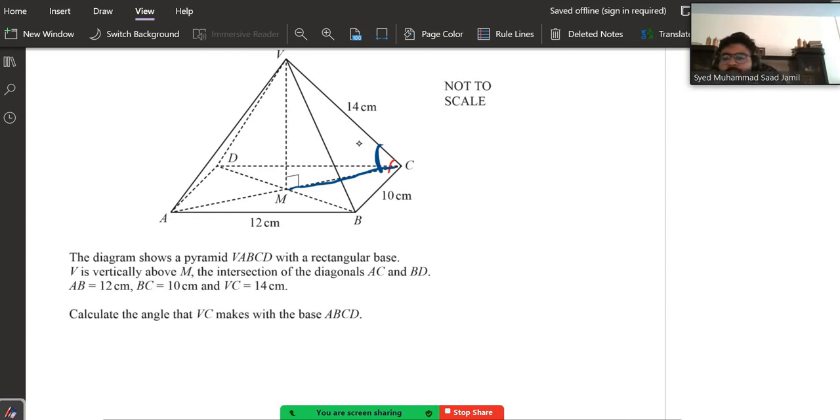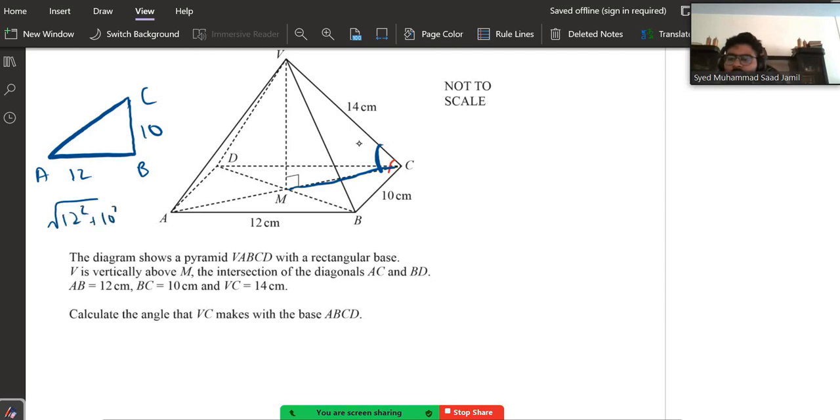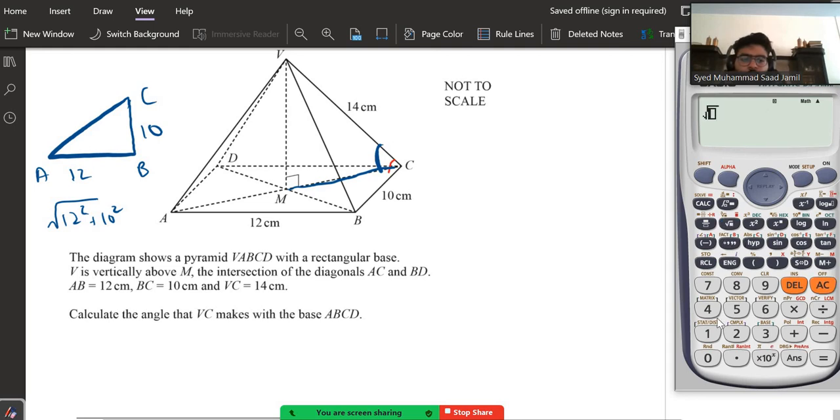If I make a diagram, if I make a right angle triangle like this, A, B, C, this side is 12 and this side is 10. So that way I will be able to find AC by using Pythagoras theorem. So this is going to be under root 12 square plus 10 square, which is actually 15.62.